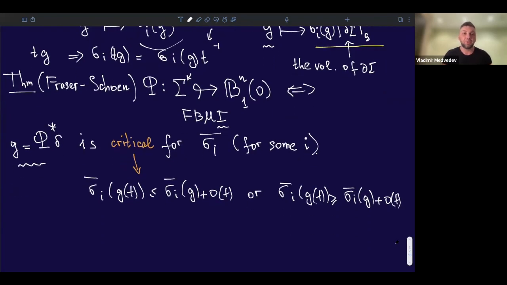And here g of t is a smooth one-parametric family of metrics depending on t.